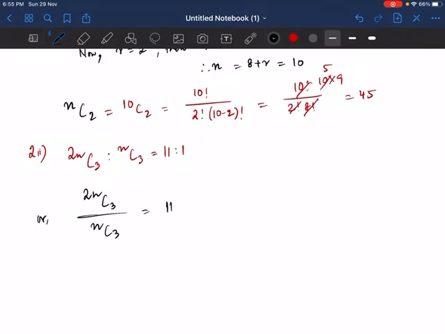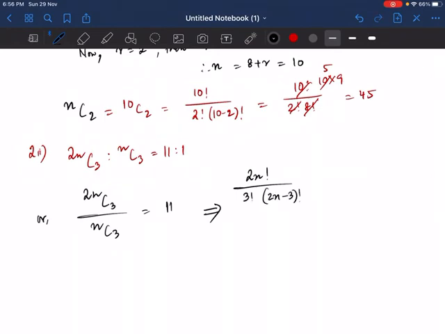Okay, so this is what we have. Now 2nC3, how are we going to write this? We can write it as 2n factorial divided by 3 factorial, then 2n minus 3 factorial.